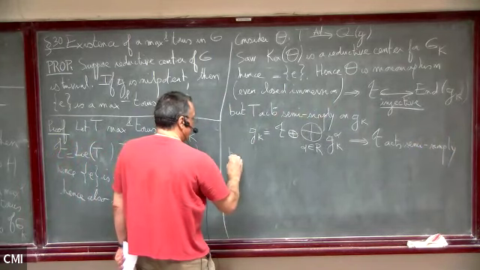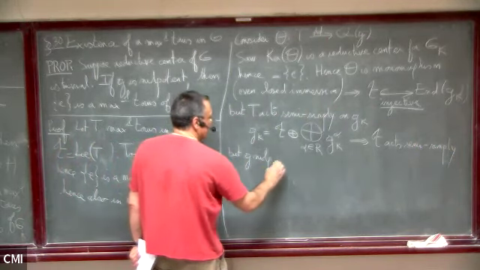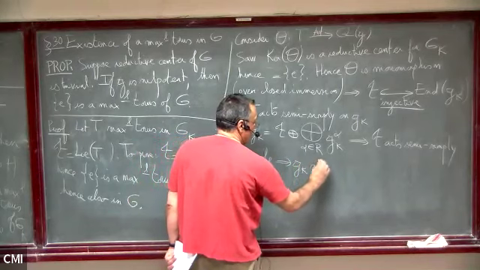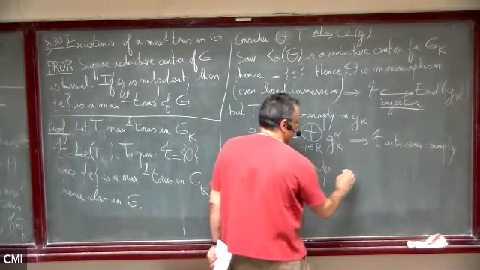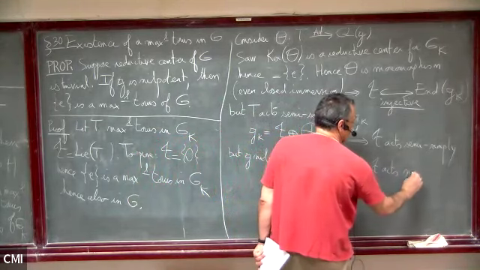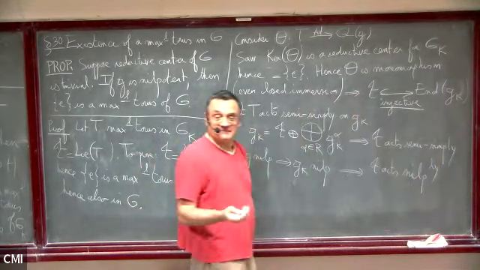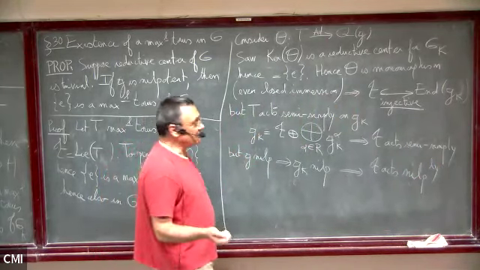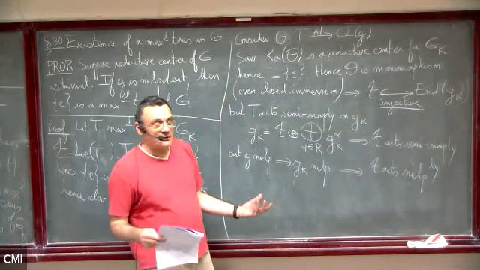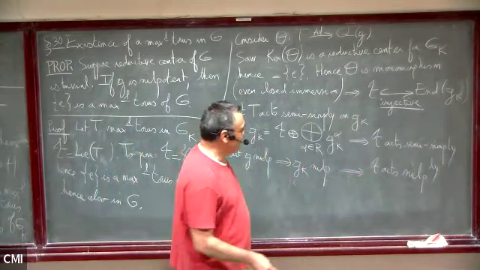But G is nilpotent, and so the Lie algebra of G_K is also nilpotent. And T acts nilpotently, since the whole algebra is nilpotent, so this subalgebra has to act nilpotently.